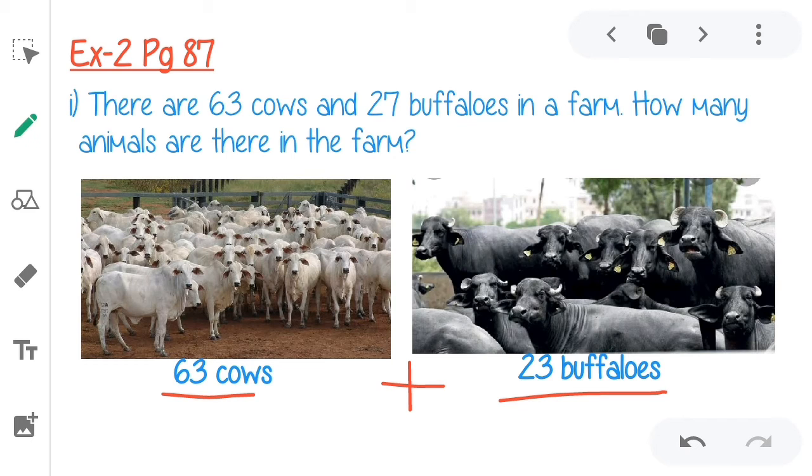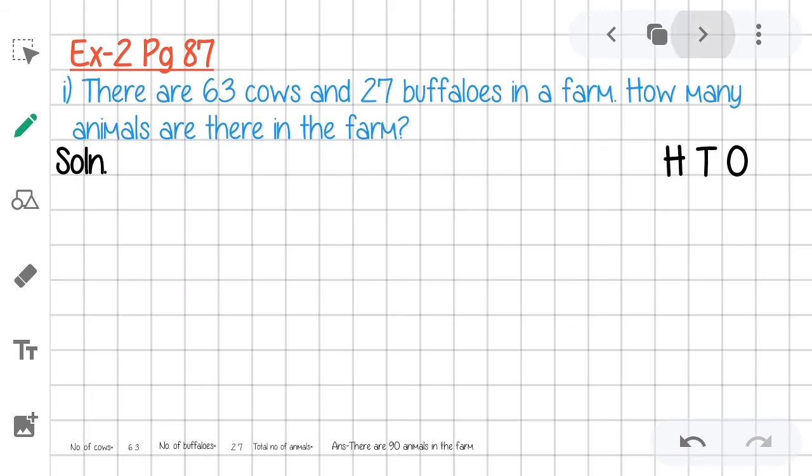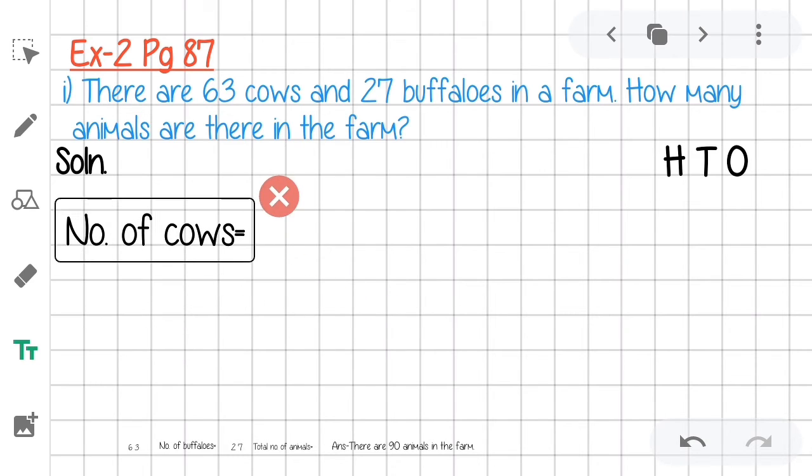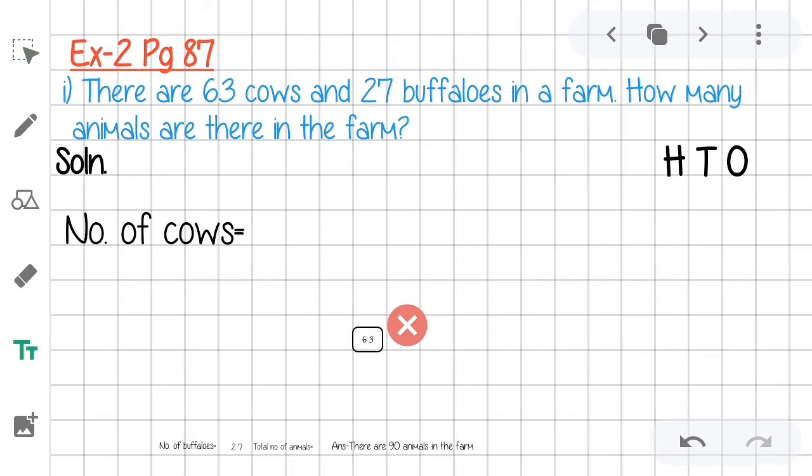So let us learn how to write the steps for the same. So here we are. There are 63 cows. So for this step, we will write number of cows. And how many cows are there? There are 63 cows.